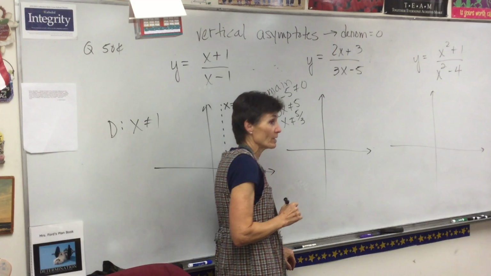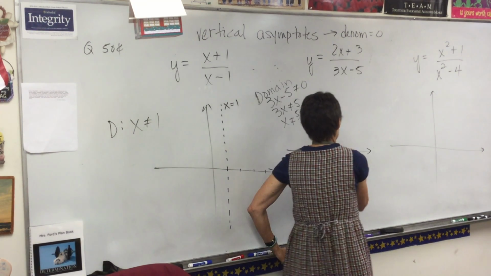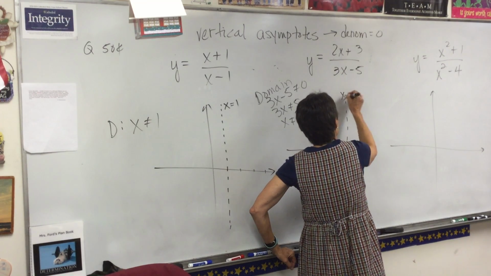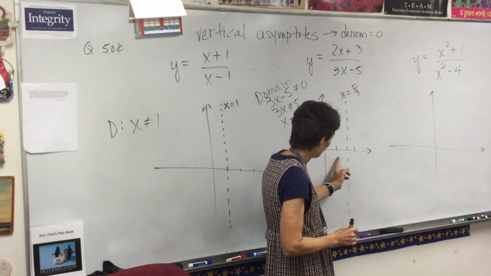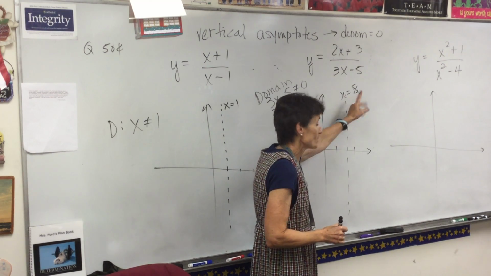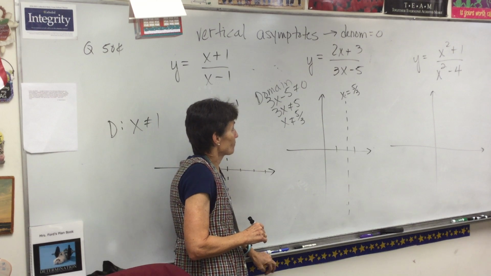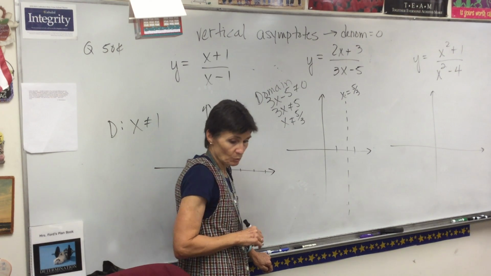So where is your vertical asymptote? 5/3. And 5/3 is 1 2/3. That's why I put it between 1 and 2. That's 1 2/3. There's my vertical asymptote. What about the next one?